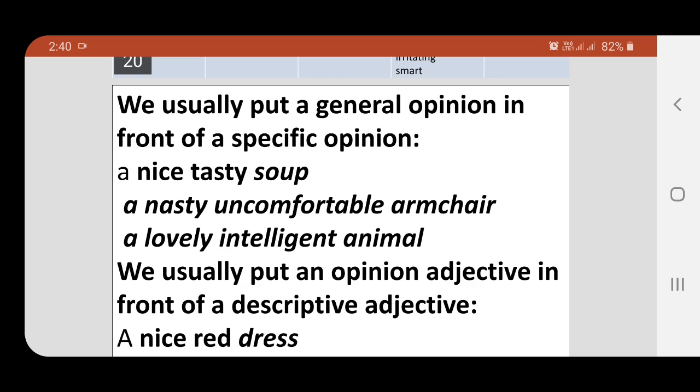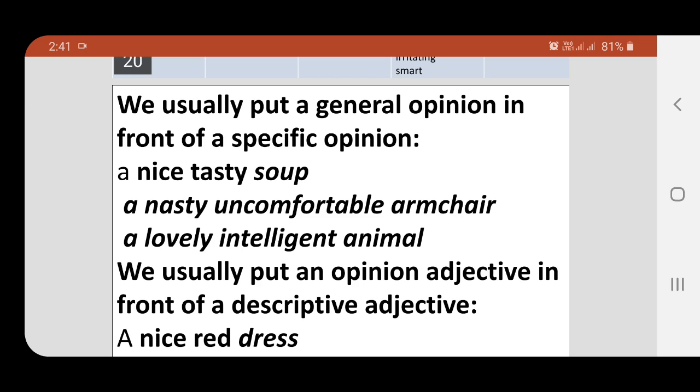The next point is, we usually put an opinion adjective in front of a descriptive adjective. We have descriptive adjectives also. For example, color. Suppose you have a dress, we used to tell about the color of the dress. So that adjective is a descriptive adjective.